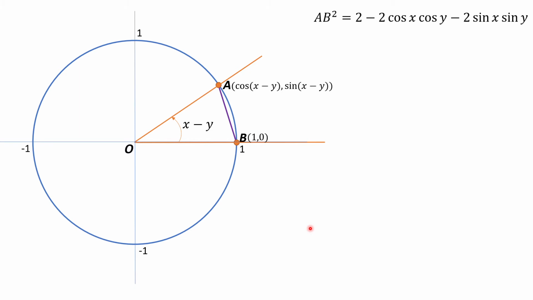So the coordinates of point A become cosine (x minus y), sine (x minus y), just because this angle is x minus y, and point B has coordinates 1, 0.